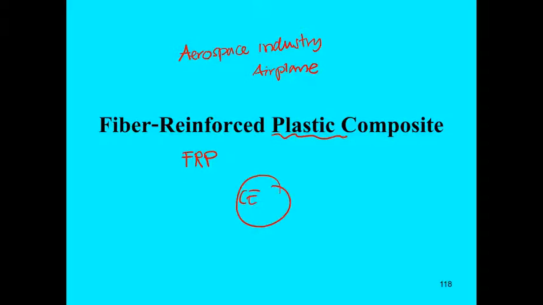In our civil engineering application, we use the pultrusion process to produce FRP with sections such as box sections, hollow sections, those kinds of things. And it's used a lot in the US. My dissertation also involved this fiber reinforced plastic composite.